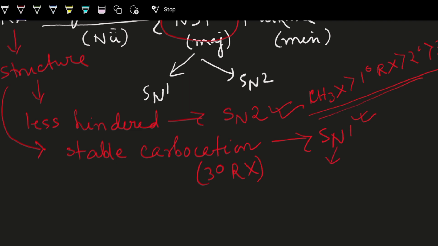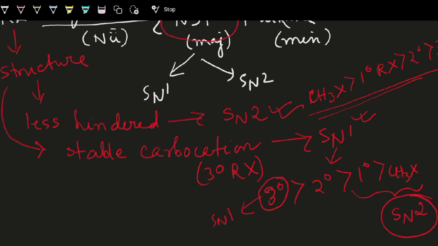But for SN1, it will be 3 degree RX greater than 2 degree RX greater than 1 degree greater than CH3X or methyl. For a 3 degree, the more probable mechanism is SN1, due to the stable carbocation. For a 1 degree or methyl, the more probable mechanism is SN2 because it is less hindered.